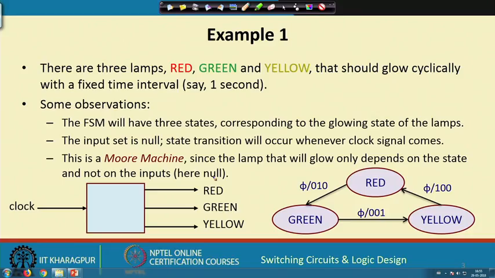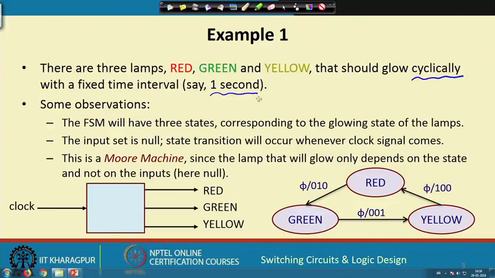Here the problem specification is like this. There are 3 lamps, red, green and yellow, that glow cyclically. That means, first red, then green, then yellow and again back to red. And let us say with a fixed time interval, let us say 1 second.